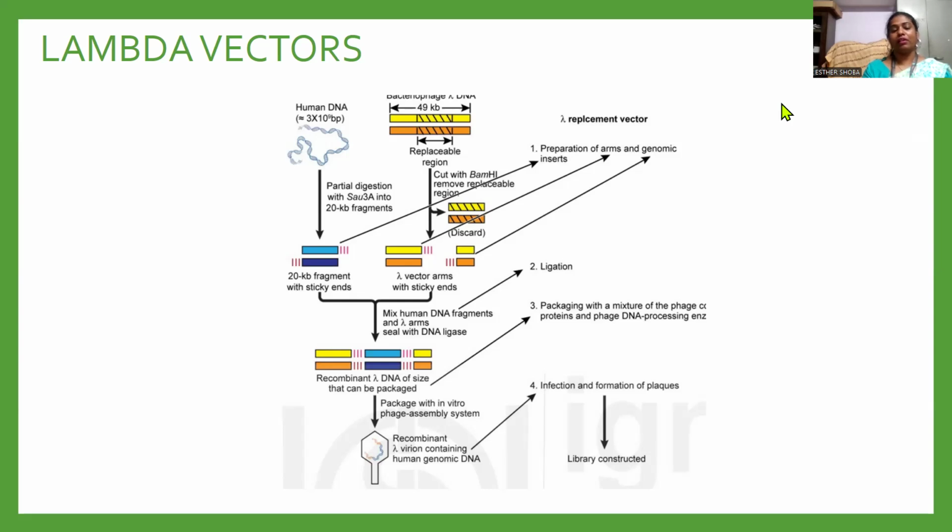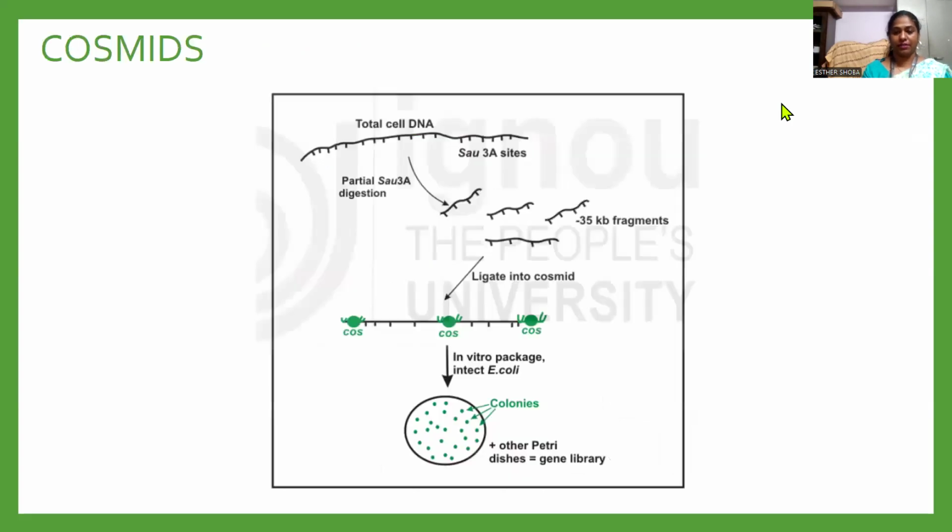Being complementary, when we mix the 20 kb fragments of DNA with the lambda vector arms, that gives the recombinant lambda DNA that can be packed into phage capsids by an in vitro phage assembly system. Later, we can infect the bacterial host, and thus the library can be constructed.